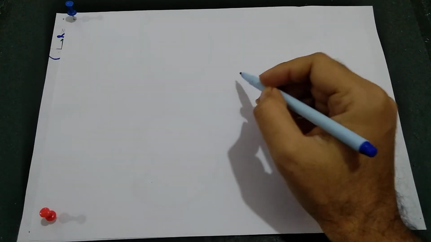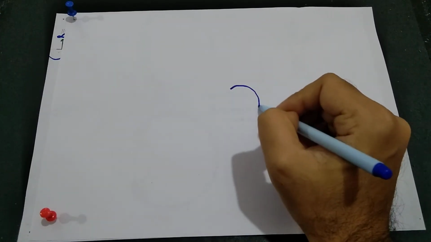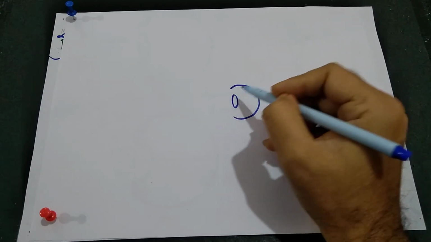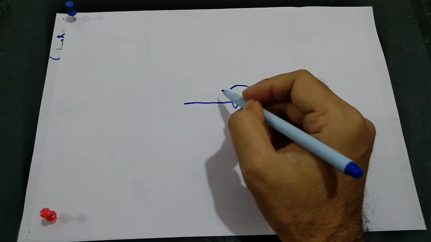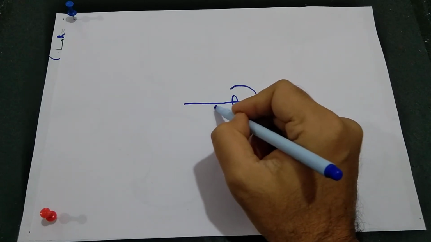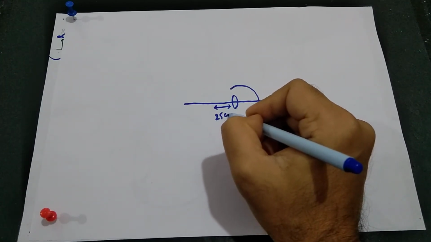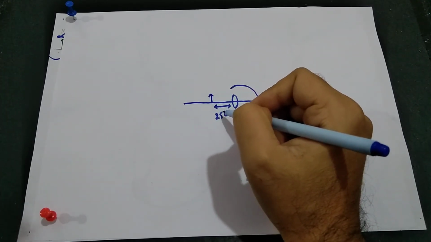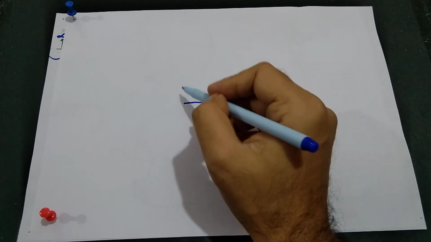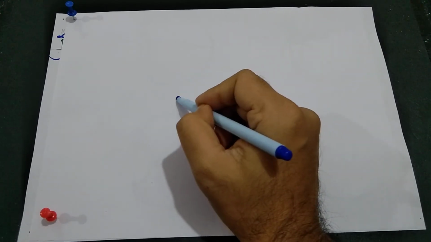Now friends, let's discuss the range of vision. For example, this is your eye. Okay, I will draw roughly. Now this is the principal axis. From the eye to this point is 25 centimeter. Your object is at 25 centimeter away from the eye. Initially this object was at infinite distance.